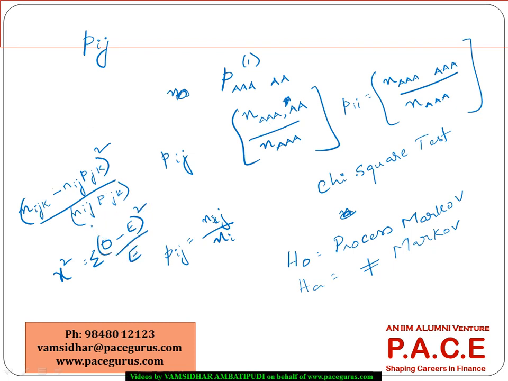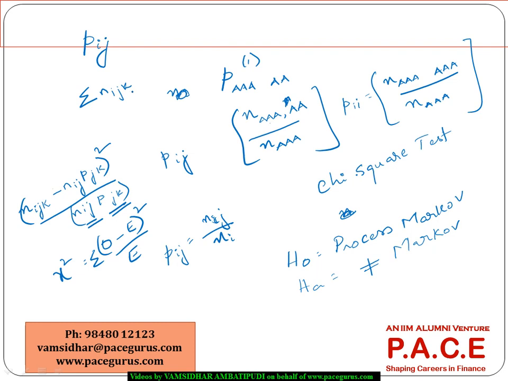Now what are we saying here? The expected is Nij multiplied by Pjk. Nij is nothing but the summation over all the states of Nijk, the triple within 3 consecutive observations.